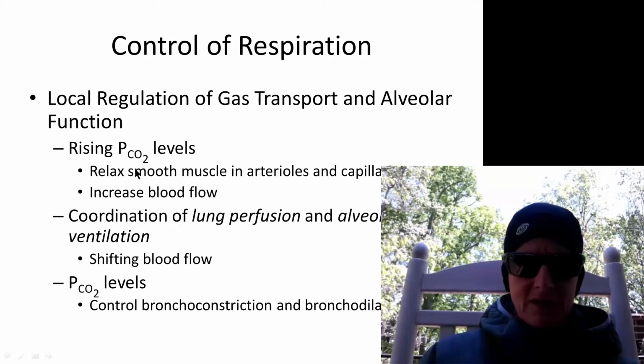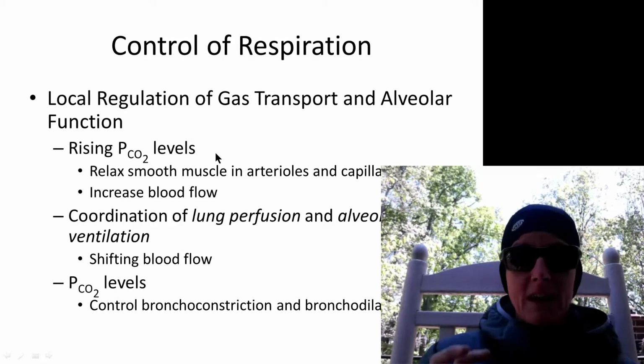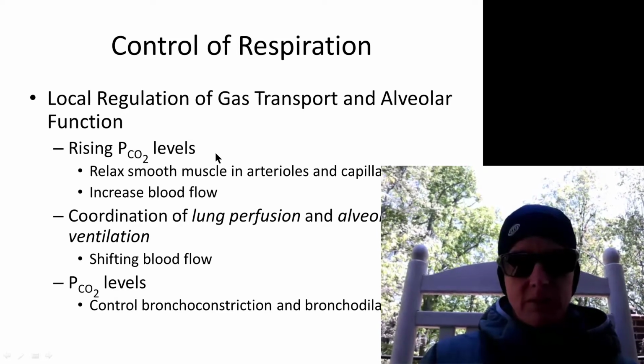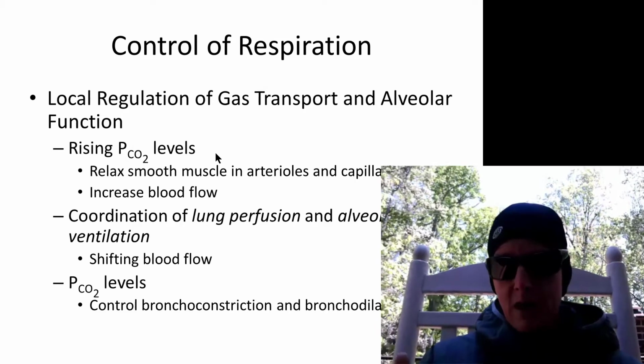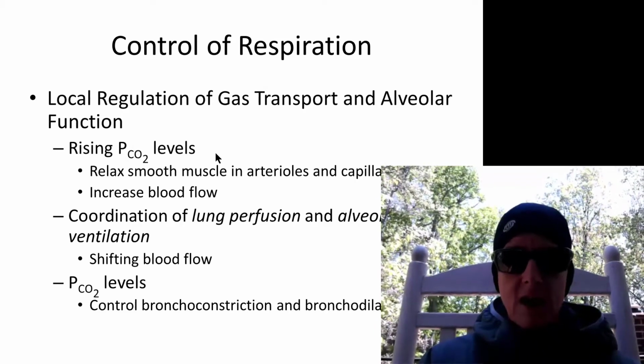The Pearson editors, I think, took this completely out of context, because rising carbon dioxide levels in the alveolus is actually going to shunt blood flow away from those alveoli towards alveoli that are oxygenated, so that you can pick up the oxygen in the blood.